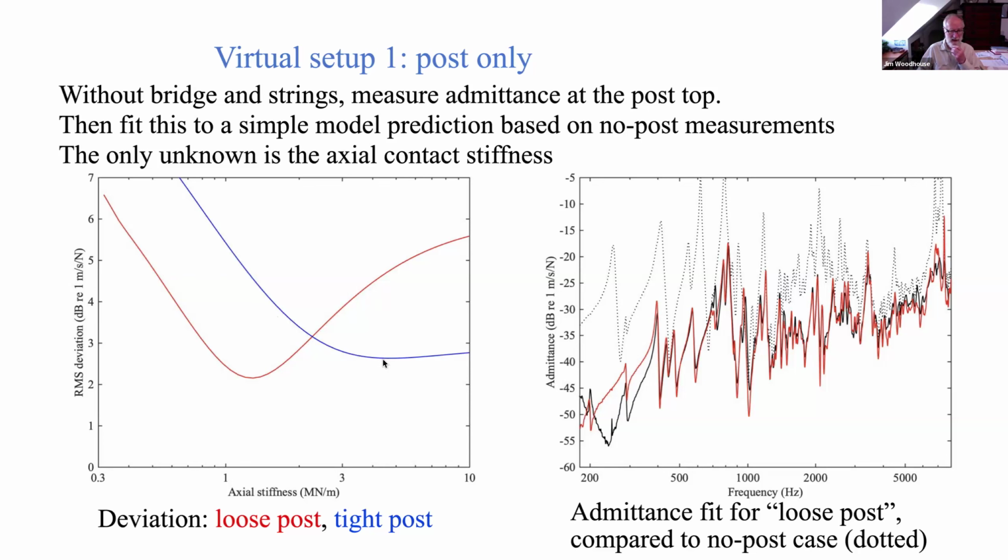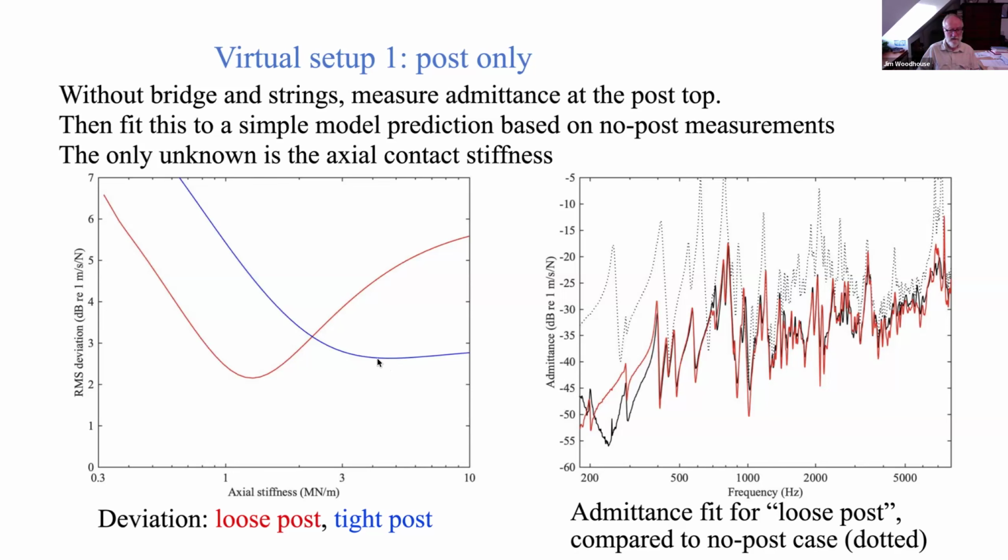It's much flatter and it's way stiffer. We were at 1 point something megawatts per thing, and it's now 4-ish, 5-ish megawatts per thing. So that's the predicted effect. Fitting the post tighter makes these contact springs stiffer, and that makes a difference.